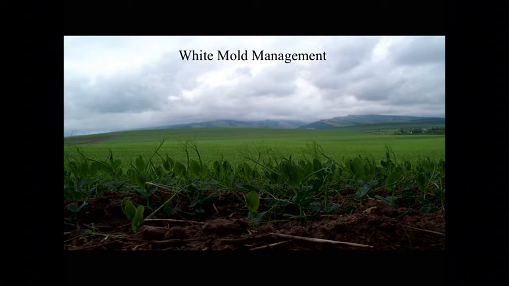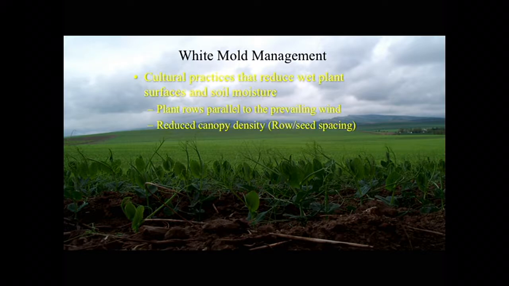So additional things about white mold management: cultural practices that reduce wet plant surfaces and soil moisture are going to help to manage it and to reduce the humidity that you're trying to pull down in the plant canopy. You can plant rows parallel to the prevailing wind to try to increase aeration throughout your field.